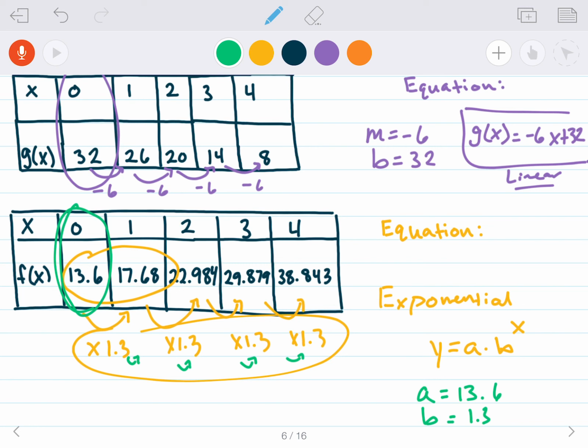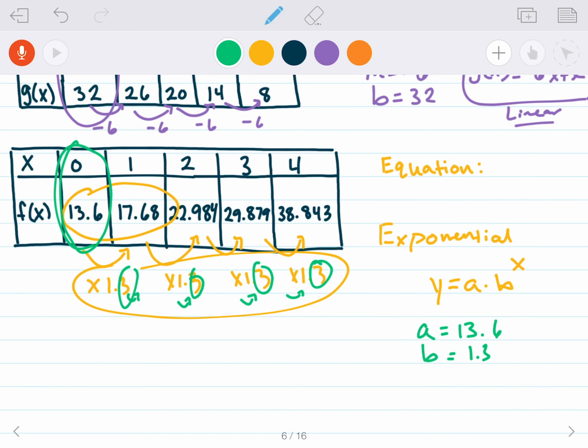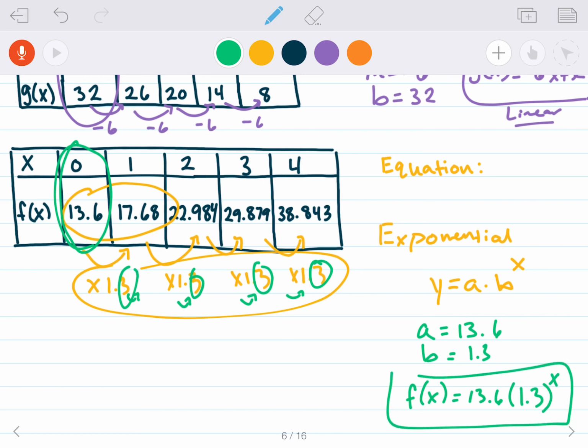Well, we know the percent change is 30%. We know these values are increasing by 30% per unit of time. So our equation, instead of y, let's do f of x. So f of x is equal to a, 13.6, times b, 1.3, that's our constant multiplier, to the x. And that is our answer, you guys. That's exponential.